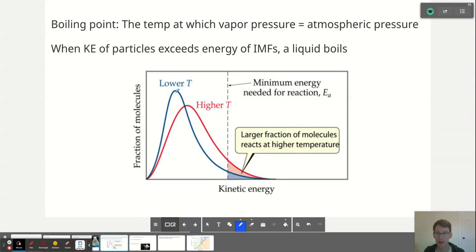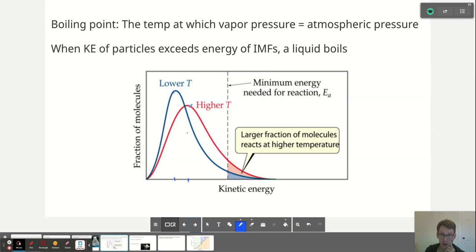And that indicates that the average kinetic energy is about here, and this corresponds to some temperature. At a higher temperature, of course, that peak is shifted a little bit to the right, and so the average is higher, but also the distribution has broadened. And what this means is that there are fewer molecules that have exactly that average.